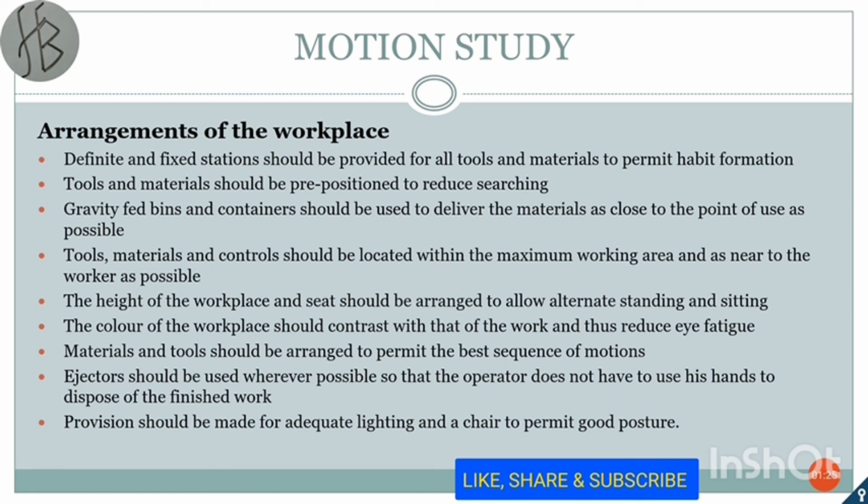The height of the workplace and seat should be arranged to allow alternate standing and sitting. The color of the workplace should be in contrast so that it will reduce eye fatigue of the employees. Material and tools should be arranged to permit the best sequence of motion. Ejectors should be used wherever possible. Provision should be made for adequate lighting and a chair to permit good posture of the employee. So these are the important principles of motion economy.